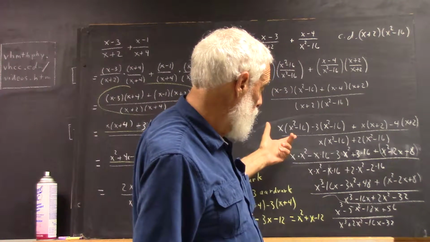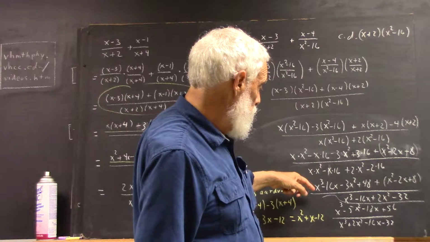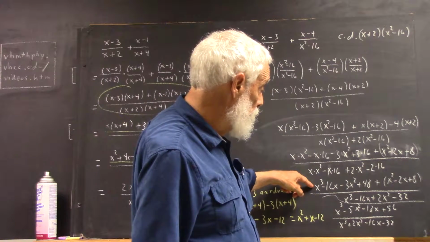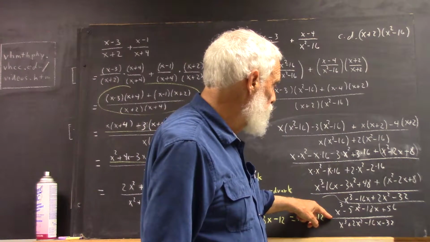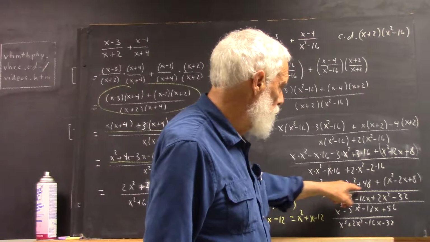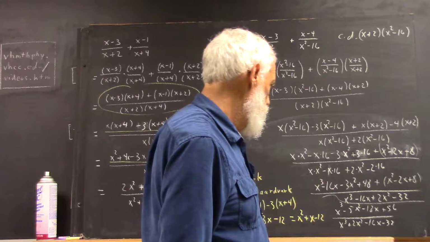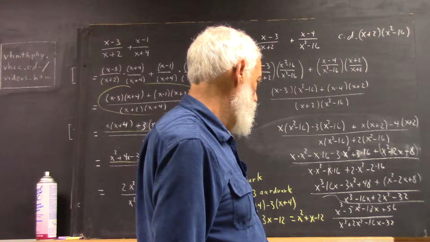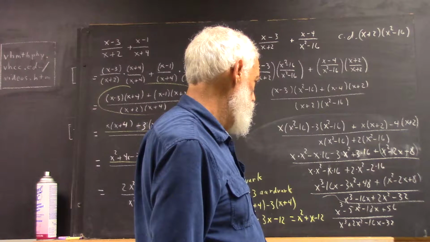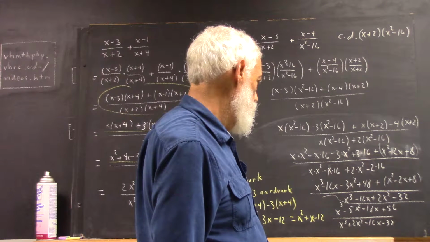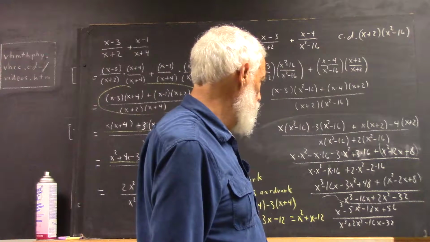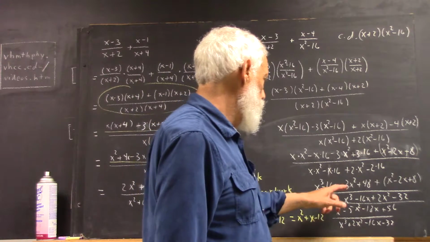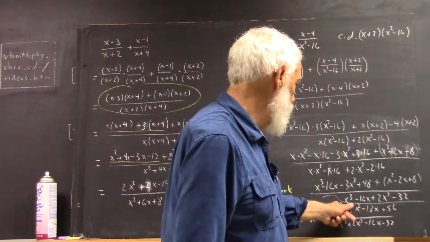So, once more, we have an x cubed from here. On x squared, we have a negative 3x squared and an x squared. I don't know where I got negative 5x squared. Negative 3x squared and an x squared is negative 2x squared.